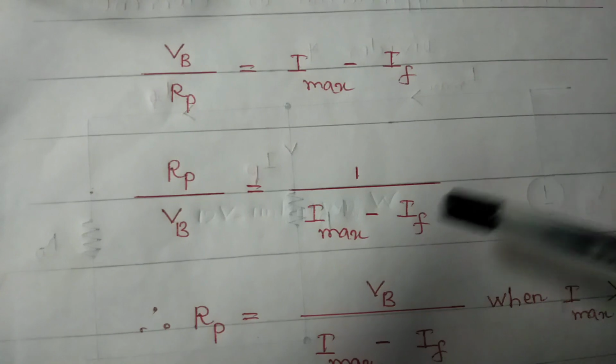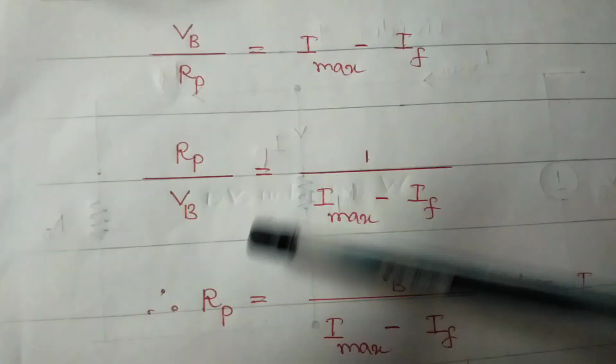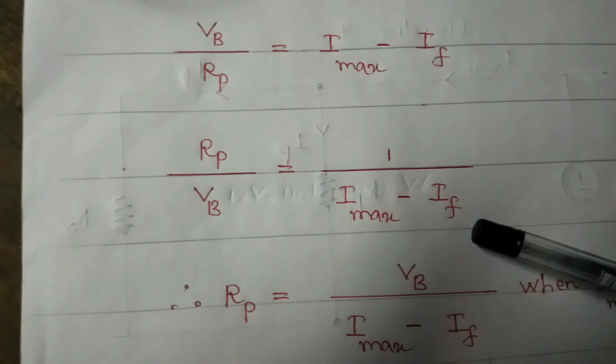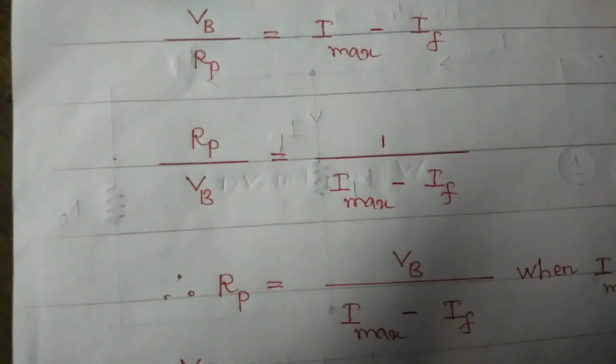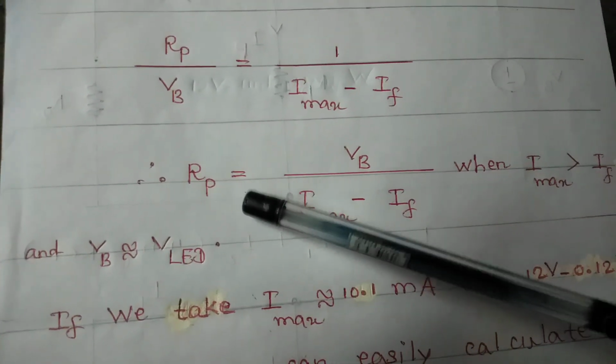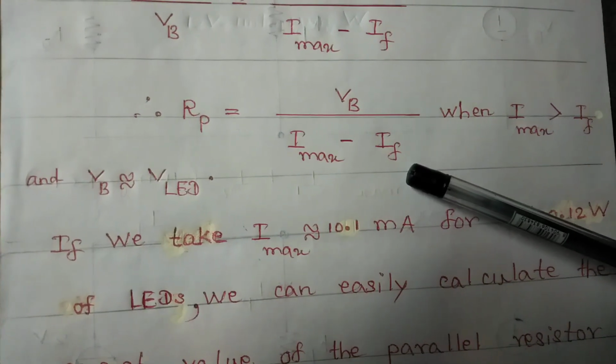If we use the reciprocal property of the equation, we have RP divided by VB equals 1 divided by Imax minus IF. If we solve for the resistance of the parallel resistor, RP is equal to VB divided by Imax minus IF.